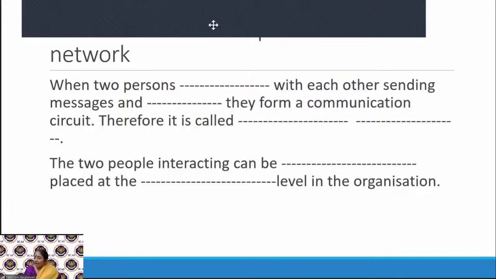I will wait for another 2 minutes for all of you to post. Quickly. Quick. I'm waiting for you to post.